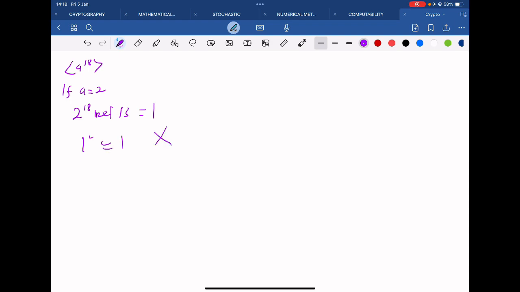So this is out. Now if A is 3, we're going to get 3 raised to the power 18 modulo 73, and this is equal to 72. Now we have to check if 72 raised to the power L is not equal to 1.